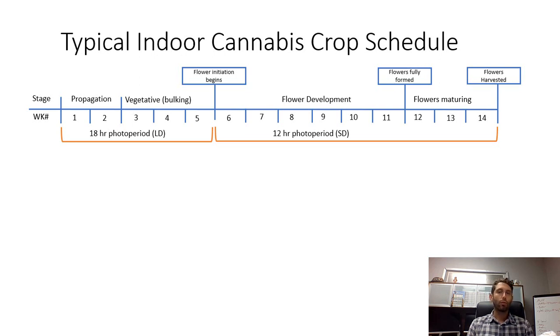You ideally can root this between 14 to 21 days. For the sake of the example, I used 14. In a perfect world, we could root everything in 14 days. So we have the understanding of, okay, we need to go through propagation first. We need to root these plants, but what crop development stage do we want to keep them in? We want to keep them in a vegetative state. So we apply a long day. And in this case, we apply an extremely long day of 18 hours.